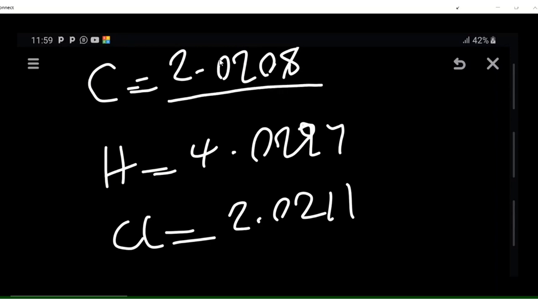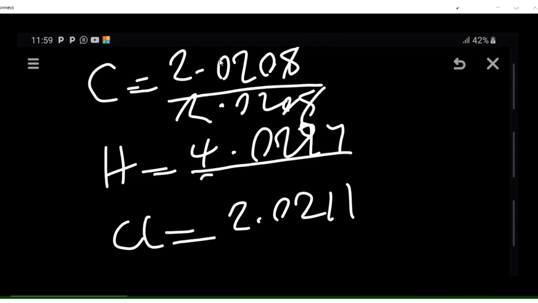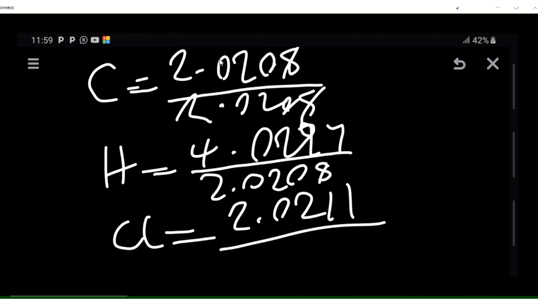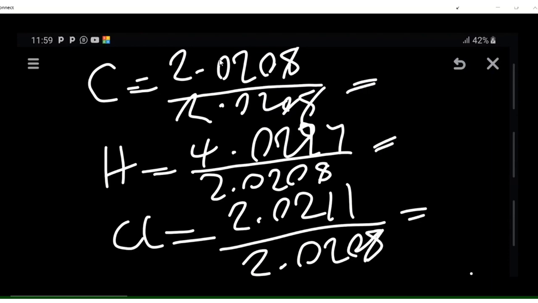This is the least. So we divide each by 2.0208.